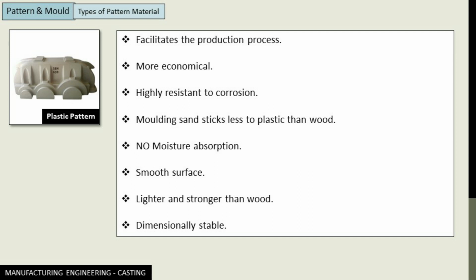The molding sand sticks less to plastic as compared to wood. There is no moisture absorption. They have a smooth surface. They are lighter and stronger than wood. And most importantly, they are dimensionally stable. However, being so suitable for the casting process, for making a cavity inside molding sand, they are still not used as frequently as the metal patterns.